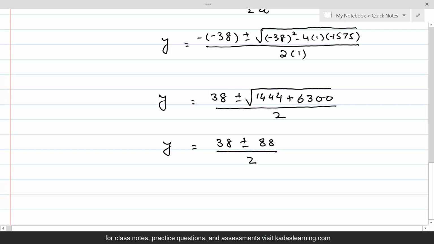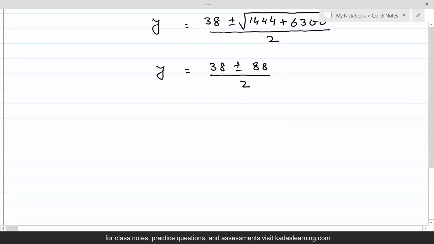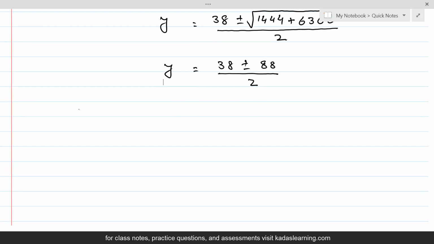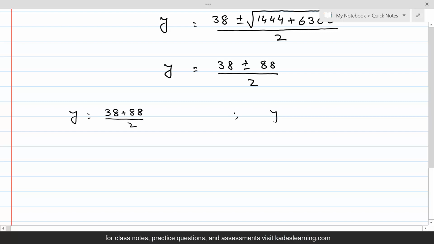It means one time we are going to add, one time we are going to subtract. So y will be equal to (38 + 88) divided by 2, and another time y is equal to (38 - 88) divided by 2.